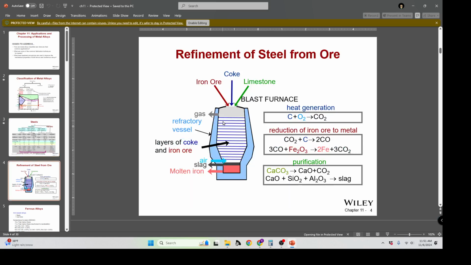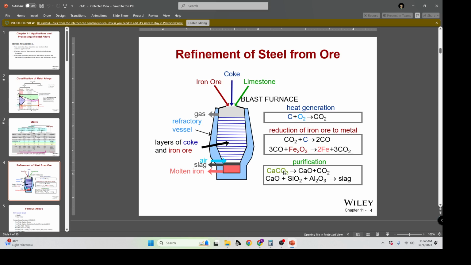So the refinement of steel from ore: they add in iron ore, limestone, and coke, so that they get CO2 generated. You have reduction of iron ore to metal, CO2 and carbon to form 2 carbon monoxide. That combines with the iron oxide in the ore to become iron and carbon dioxide.